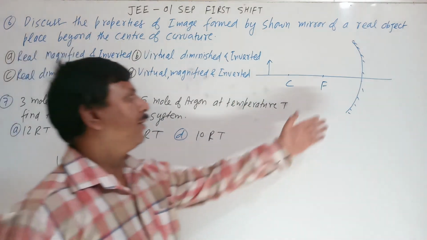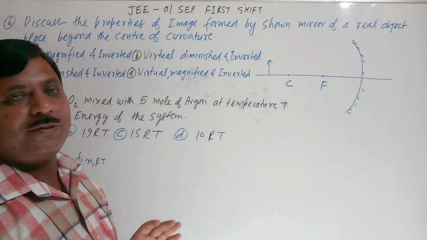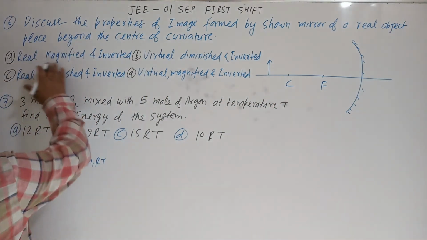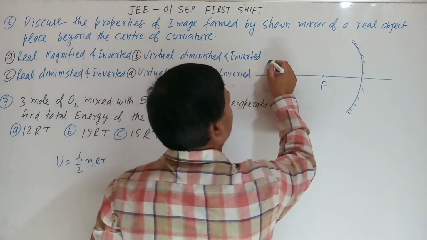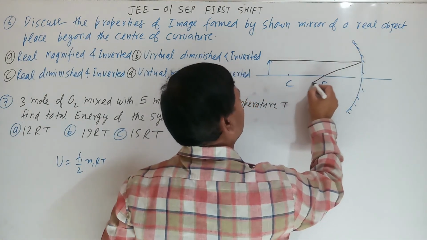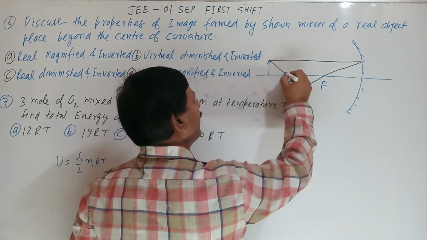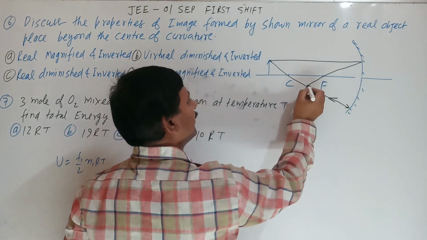A concave mirror is given and beyond it one real object has been placed. So what will be the image? We know how the image is formed. Parallel rays pass through, and the ray through the center of curvature returns back along the same path.